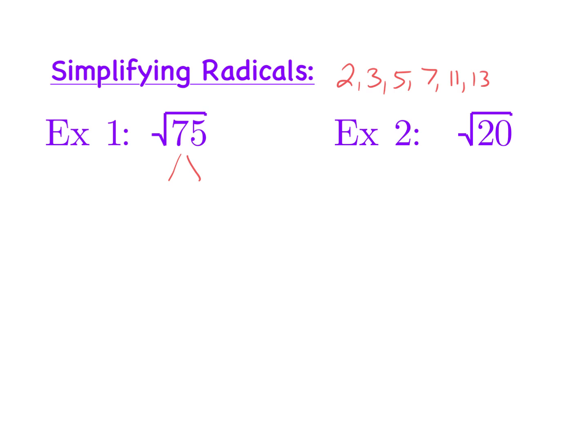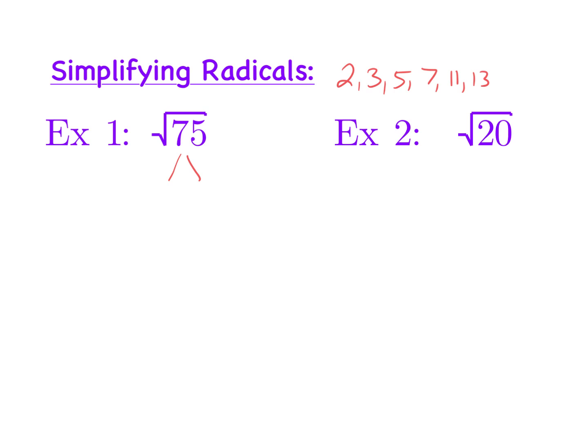Okay. A couple of things to remember: if it's an even number. And what is an even number? 2, 4, 6. So it ends in 0, 2, 4, 6, or 8, right? If it's an even number, you can always divide it by 2. Okay, so always keep that in mind. Like example 2 is an even number, ends with 0. You can always divide that one by 2 if you can't remember any of the other ones.